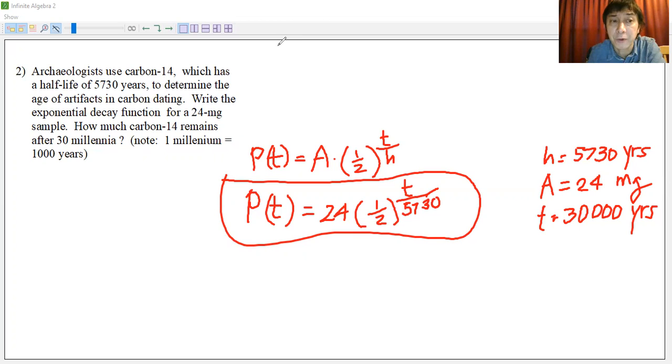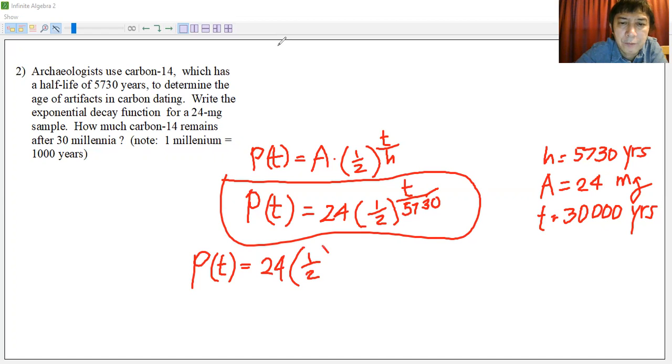All right, let us solve the required. How much carbon-14 remains after 30,000 years? So direct substitution using this formula. This is now P of T is equal to 24 times 1/2 raised to 30,000 over 5,730.